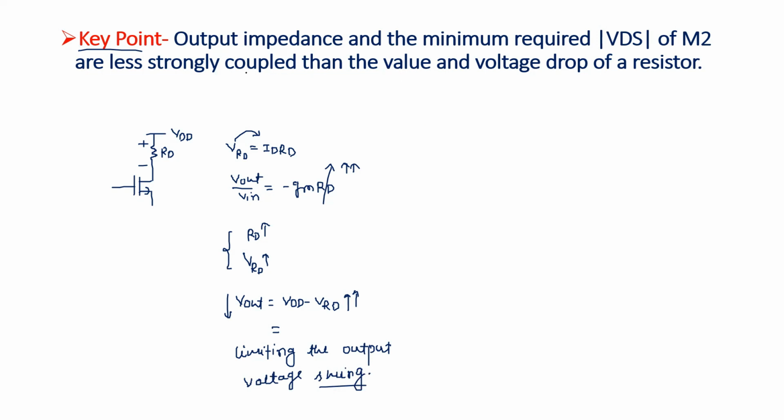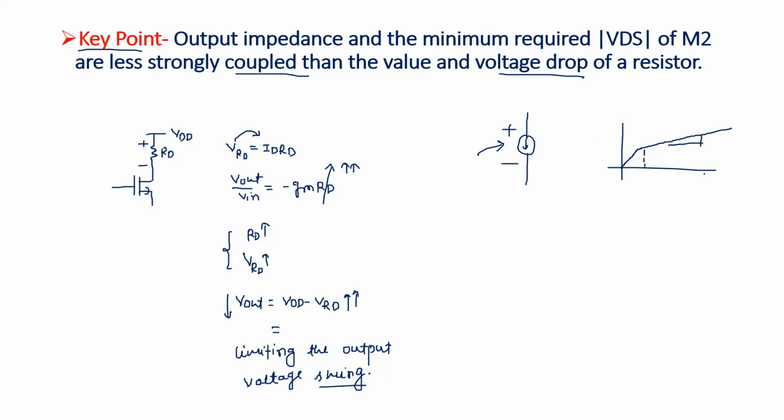There was a strong coupling between RD and the voltage drop across that resistor. But in the case of a current source, oh, sorry, not the diode connected device, it's a current source, so there is no voltage dependence on its value. Its impedance is independent of the voltage across it, because after all, this impedance is nothing but slope.